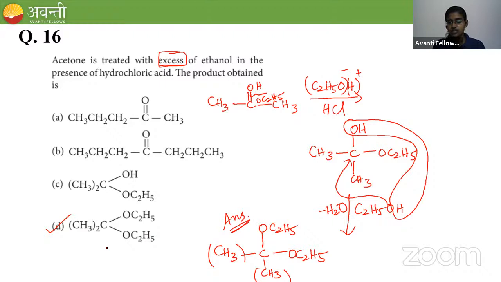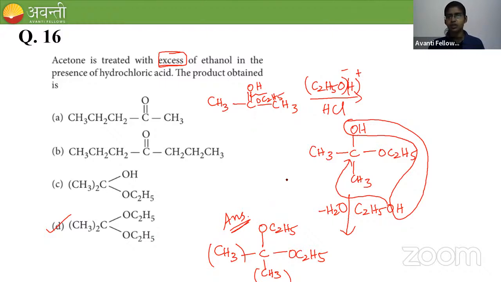And what is the name of this compound? It is a ketal. Since we are getting it from a ketone, it is called a ketal. From an aldehyde, you get an acetal, and since we are getting it from a ketone, it is called a ketal. So we are getting a geminal dialkoxy compound.